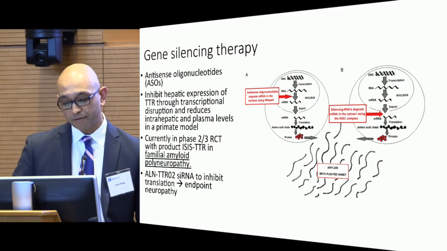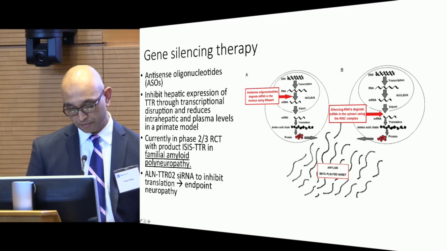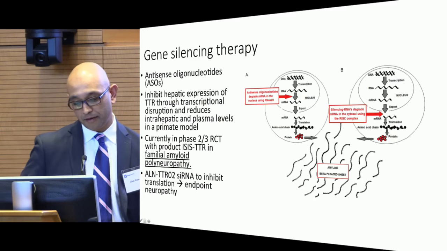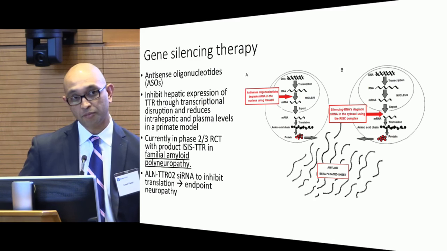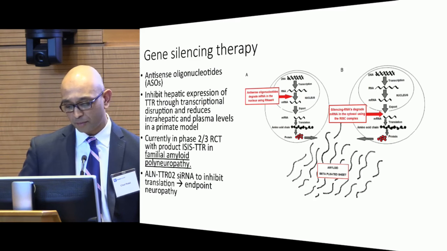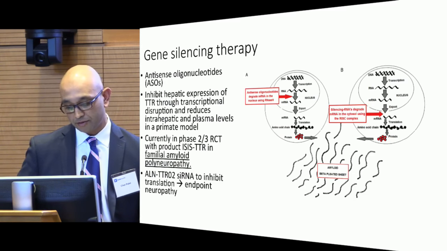And there's currently a phase 2/3 randomized control trial with this company with an unfortunate name in familial amyloid polyneuropathy. So primarily in those patients that have a neurological disease related to amyloidosis. A silencing RNA to inhibit translation of this mutant protein is also in trials with another endpoint of neuropathy.